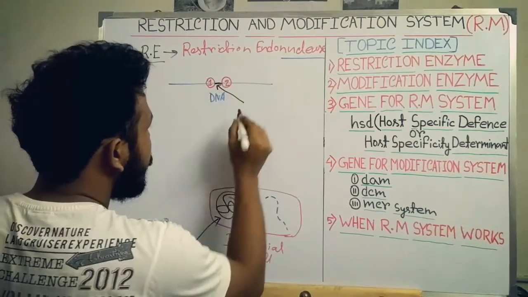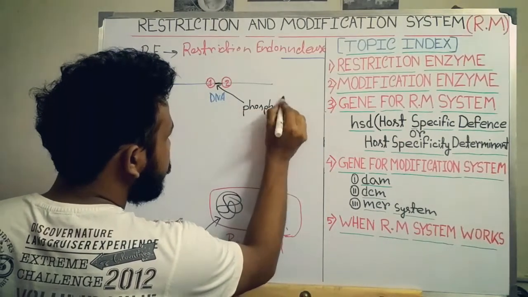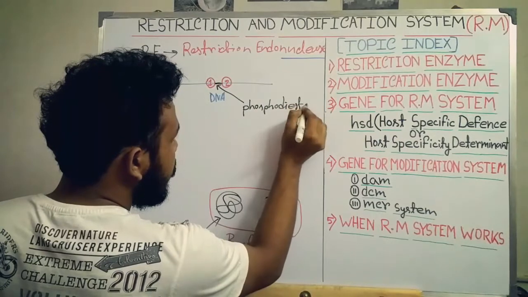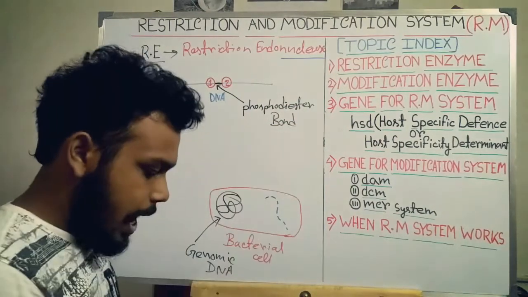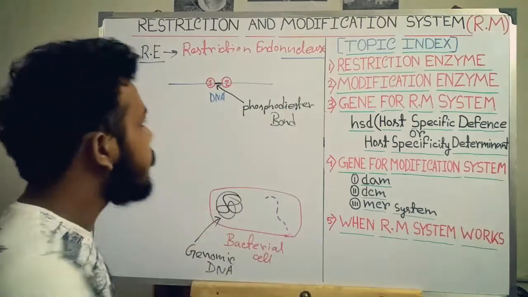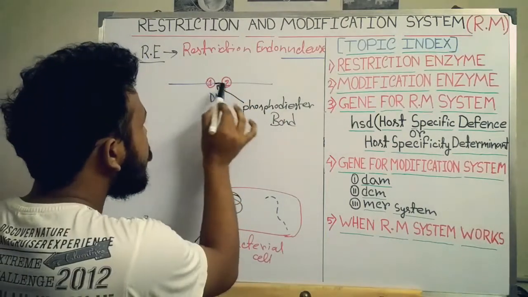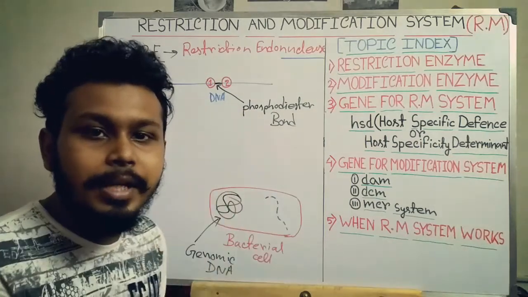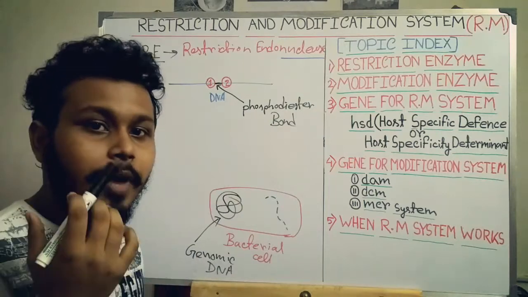So this bond is called the phosphodiester bond. And the nuclease enzyme cuts this phosphodiester bond between two nucleotides and they are separated from each other. In this way the nuclease enzyme functions.